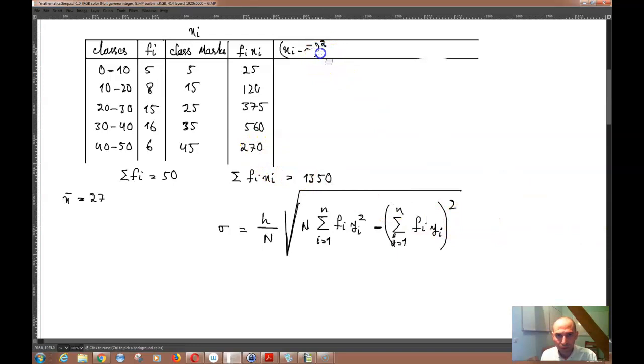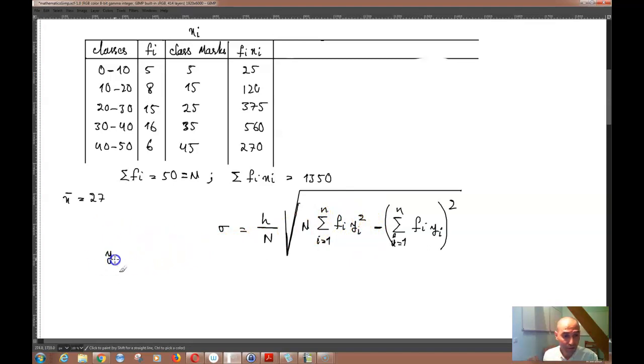So that means we have to calculate the things that we have in this formula, and that would be much easier to calculate. You already know your h, the class size, and you know your n, which is sigma f(i) equal to n, and you need to calculate your y(i).